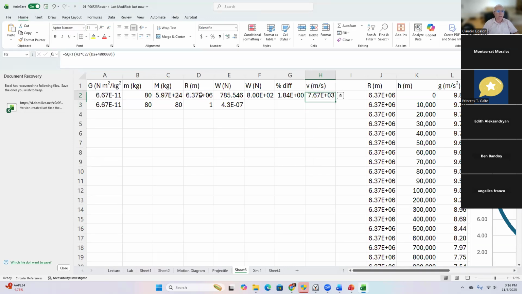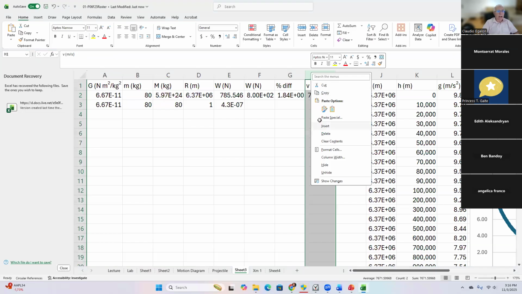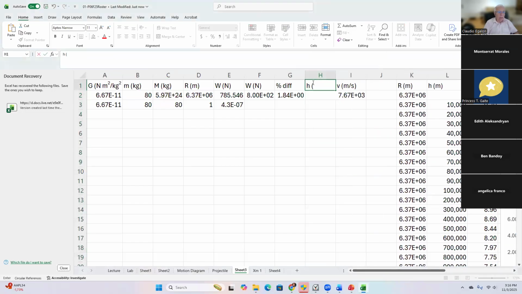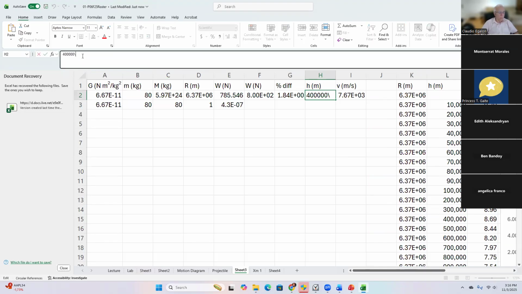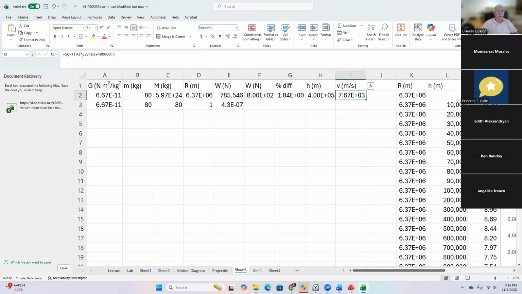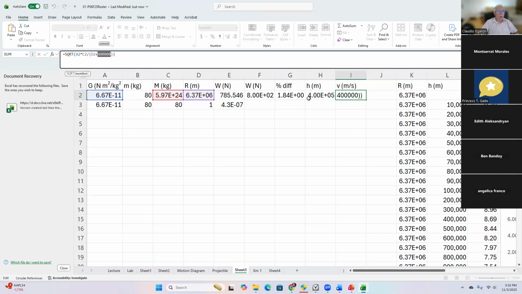I'm going to do even better than that. I'm going to put the height of the satellite here in meters, and then 400,000 meters.